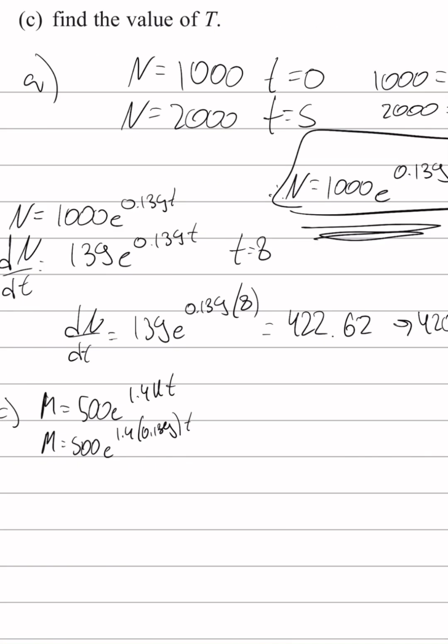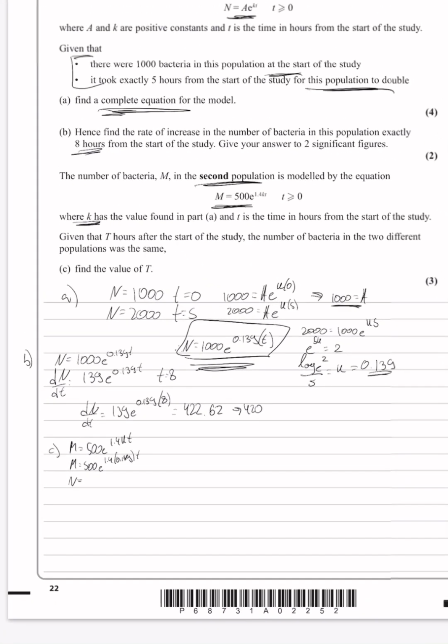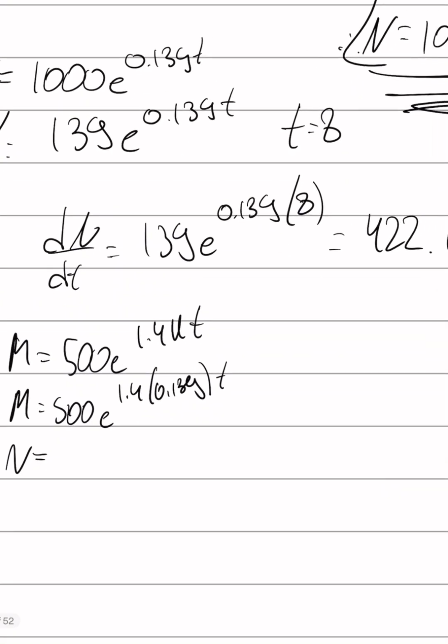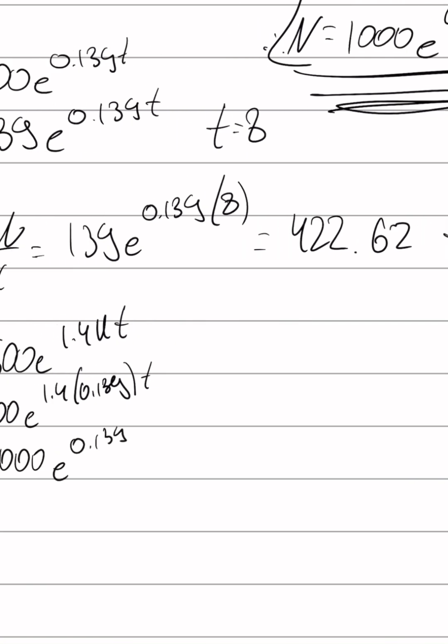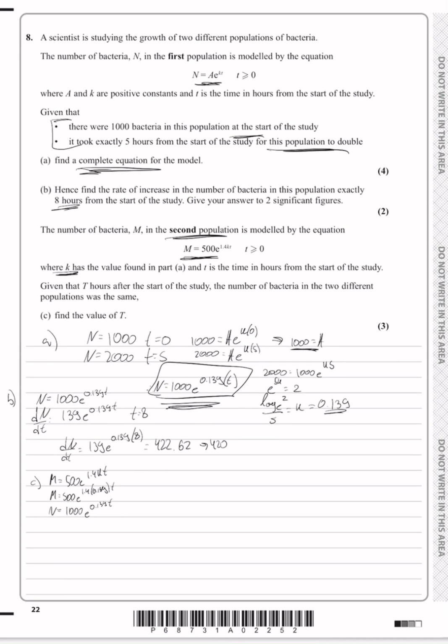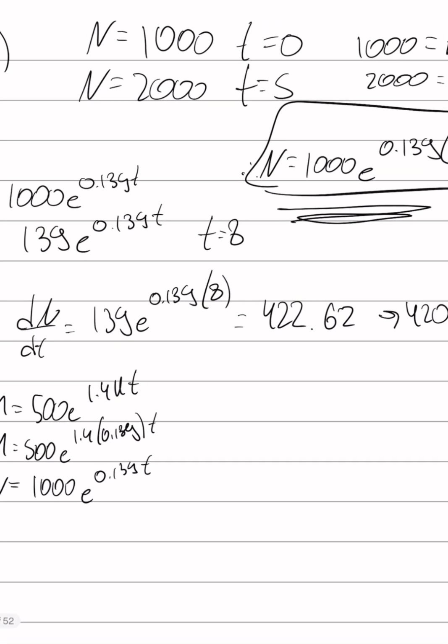And the other population is represented by the equation of 1000 e to the 1.39t. Therefore, they're the same at a given time, and if we want to find this, we have to make them equal to each other to be able to find t when they are equal.